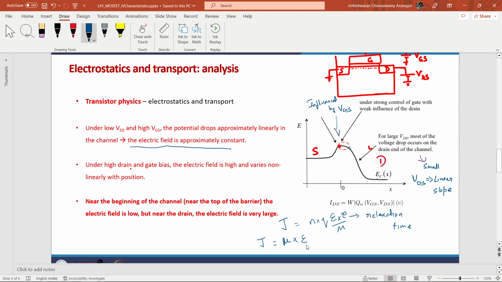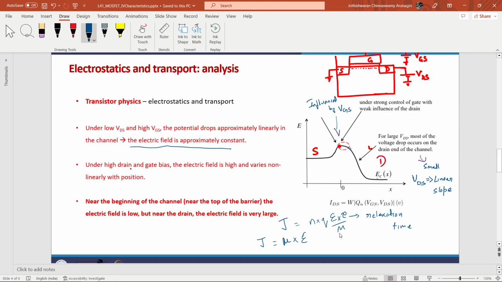It's mu times the electric field. Mu is the mobility and the electric field, like J is mu times E. Therefore, mu will be everything other than E in this quantity. It will be N Q tau by M.